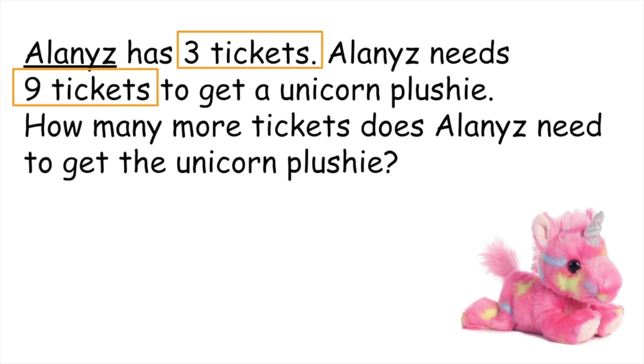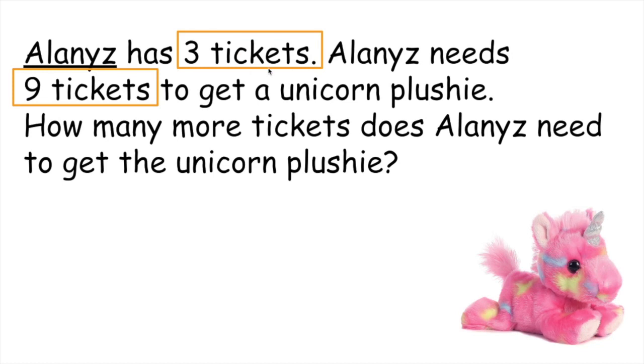Now that we know who our problem is about and what our important numbers are, I need to know, what am I doing with this problem? What kind of math am I doing? Are we adding or subtracting? When I read this problem again, I want you to think about what are some clue words that tell us what kind of math we are doing with this problem.